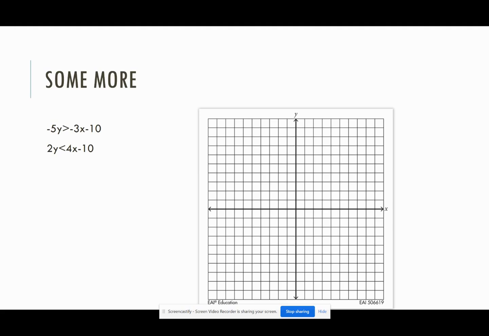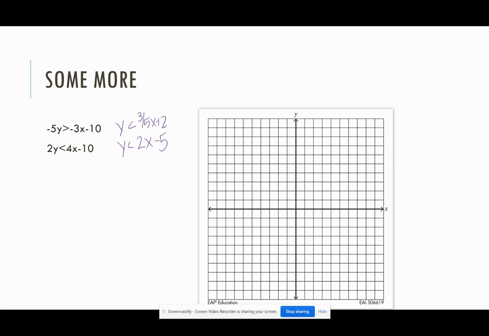All right, so this becomes y is less than, because remember when we divide by a negative, we switch the signs, 3/5 x plus 2, and this is y is less than 2x minus 5.